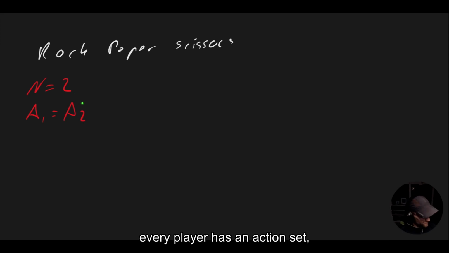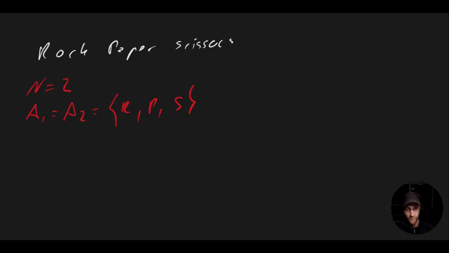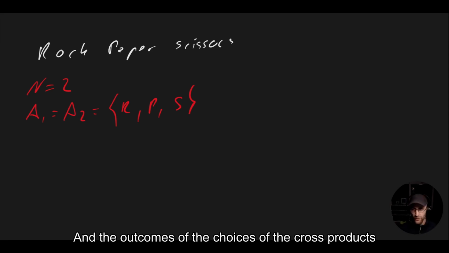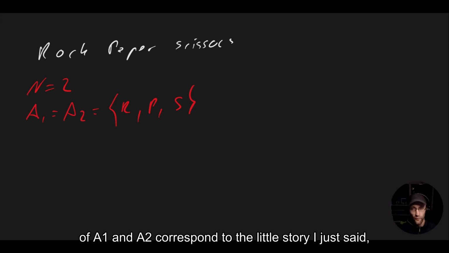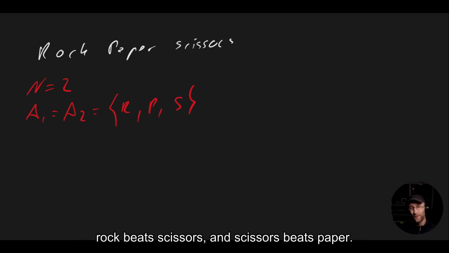Every player has an action set, and they are rock, paper, and scissors. So rock, paper, scissors are the actions everyone can choose. And the outcomes of the choices, the cross product of A1 and A2, correspond to the little story I just said, which is that paper beats rock, rock beats scissors, and scissors beats paper.